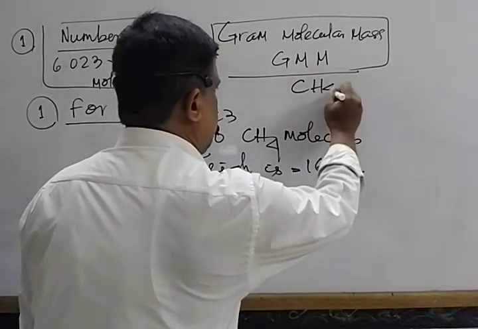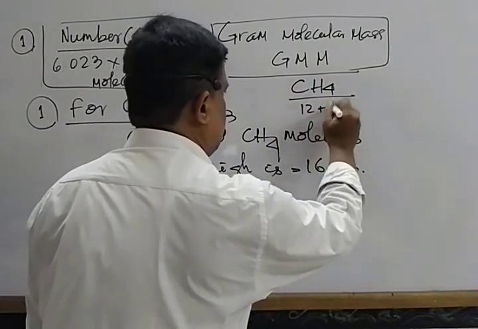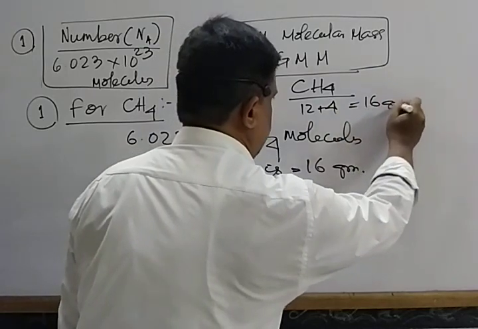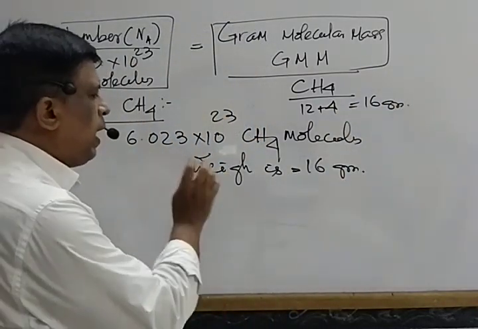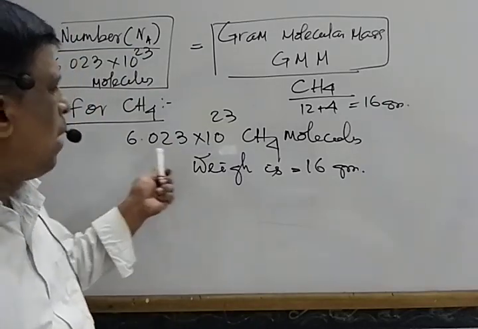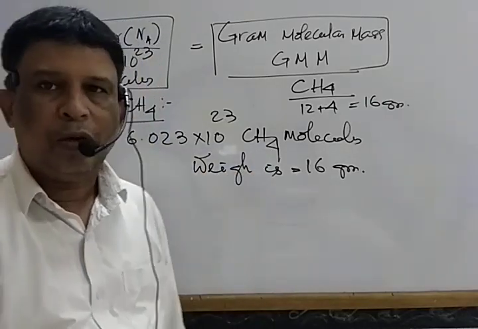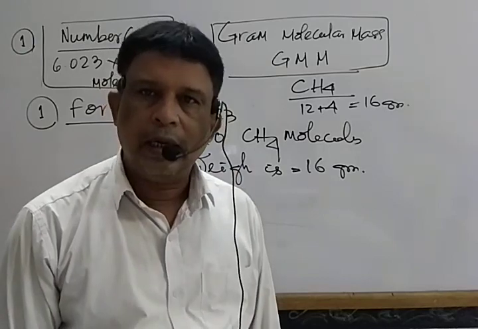CH4, that means 12 plus 4 is equal to 16 gram. Mark the relationship. The weight of Avogadro number of methane molecules is equal to 16 gram.